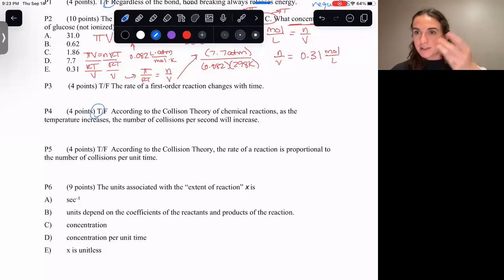With enough energy, with enough time, with enough heat, your water molecules move fast enough to escape to the gaseous phase and create bubbles. So as you increase your temperature, your molecules are moving faster, which means that collisions are happening more frequently, therefore increasing your rate of reaction.